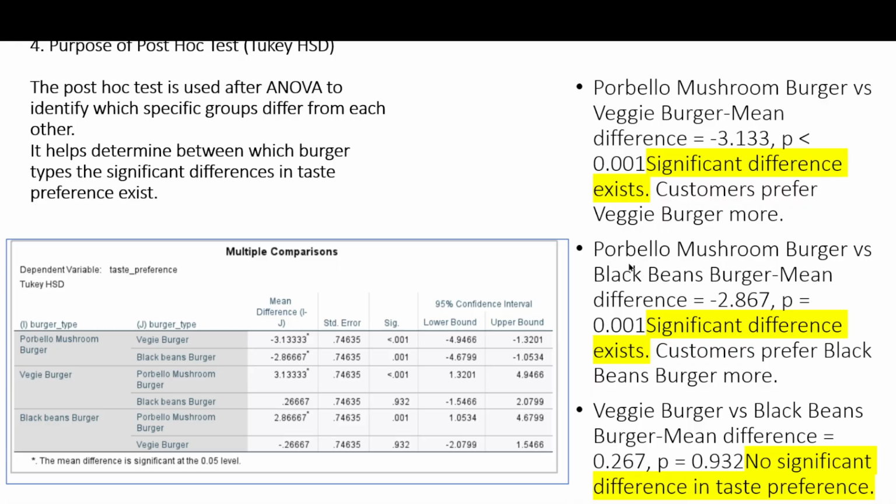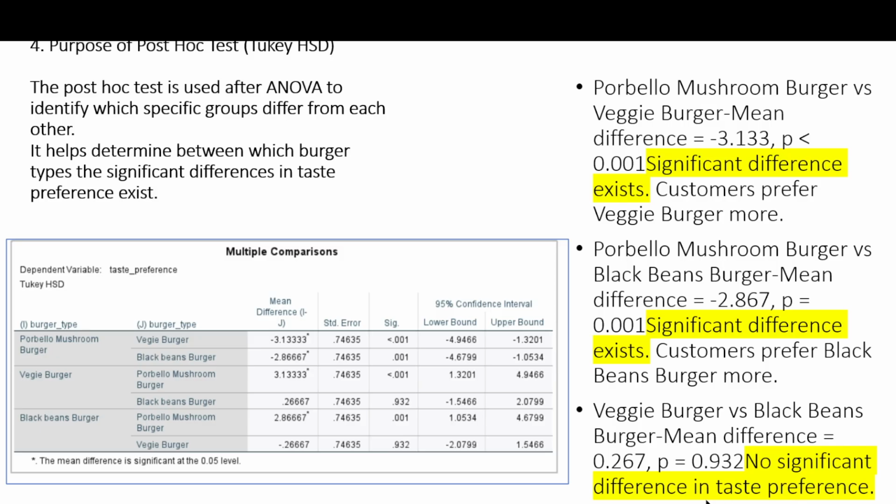Similarly, the second pair is Portobello mushroom burger versus black beans burger. The mean difference is minus 2.86. The p-value is again less than 0.05, so again a significant difference exists. It means the customers prefer the black beans burger more. But in the third pair, that is veg burger versus black beans burger, the mean difference is 0.266 and the p-value is greater than 0.05, that is 0.932.